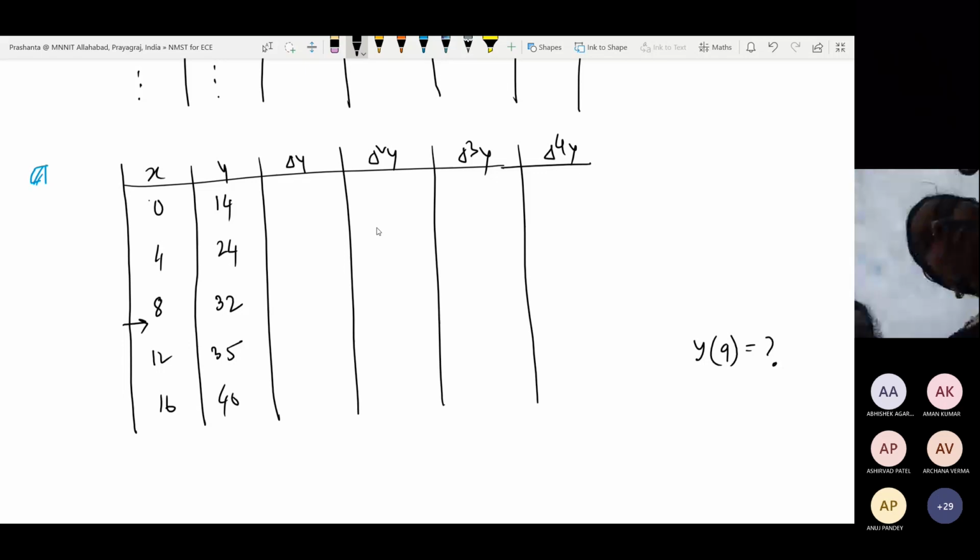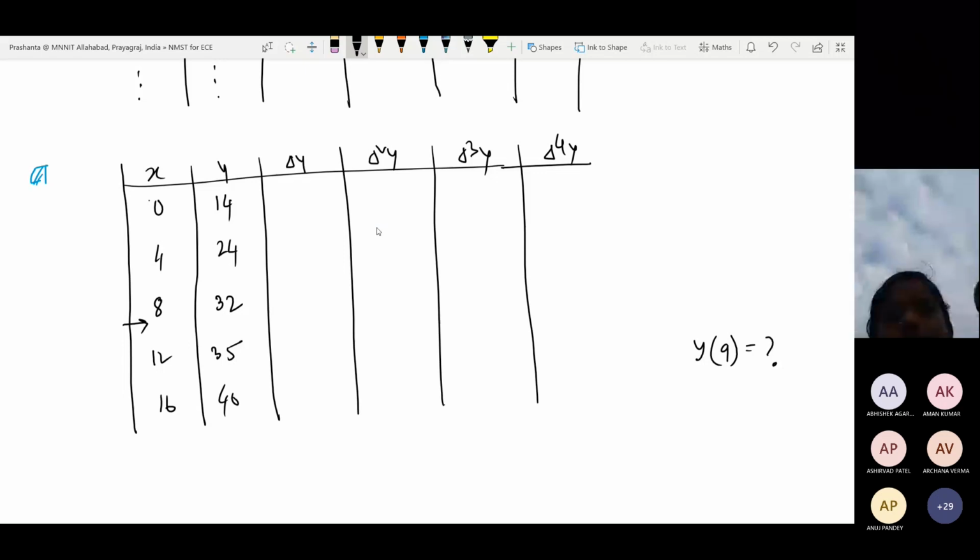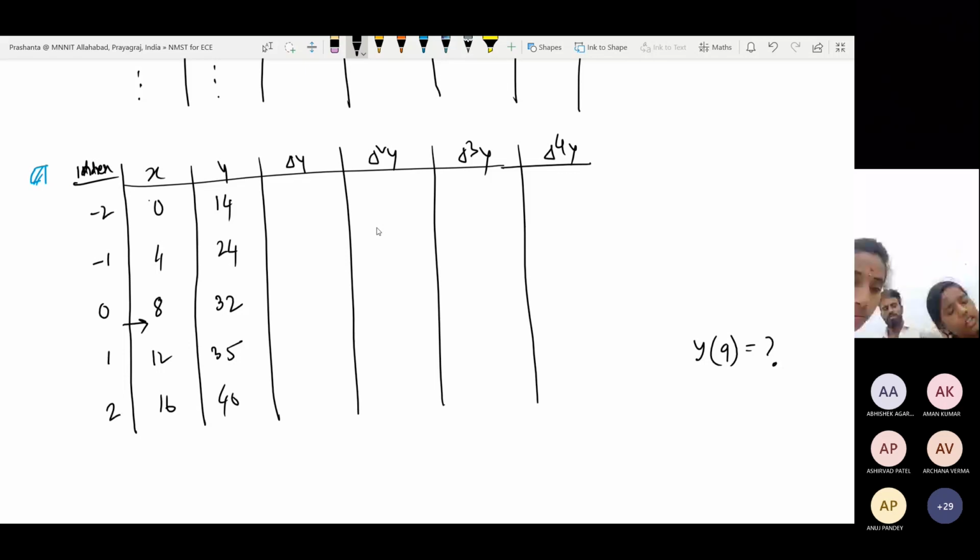Suppose I am choosing 8 as center. So the index for the element 8 will be 0. Then it will be -1, -2, 1, 2. These are the indices. Once you choose, now quickly complete the forward difference table.